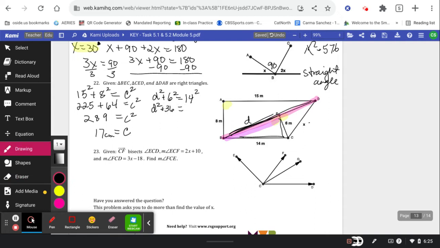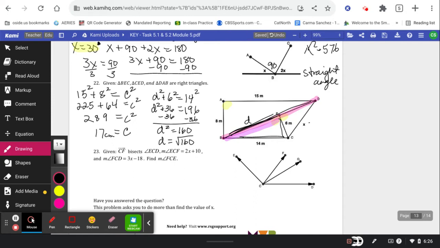And I think it's 196. Let's double check. Yep, 14 times 14 is 196. Minus 36 is equal to 160. And so d is equal to root 160.